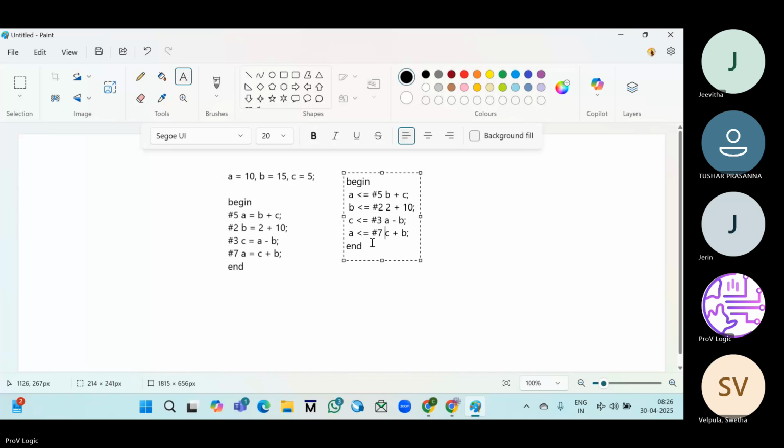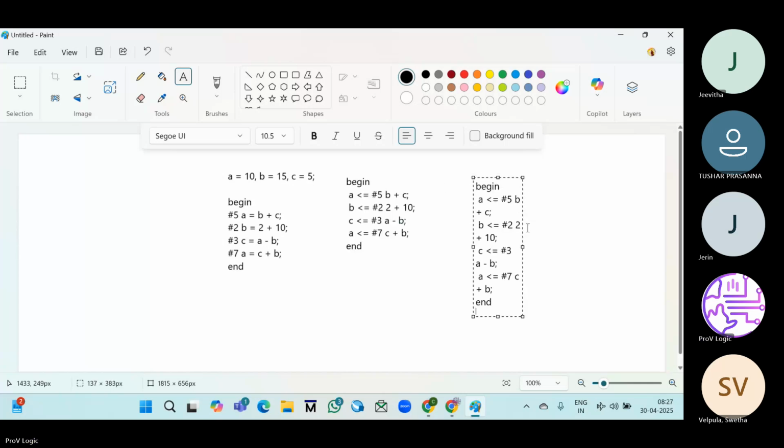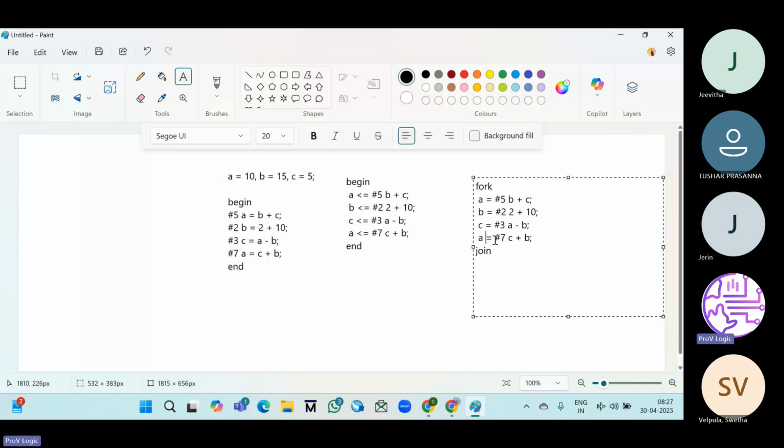For intra-assignment, the RHS side of the expression is evaluated first, and after the specified delay, it is assigned to the LHS side. Whereas for inter-assignment, the delay is first applied, and then the evaluation on the RHS side is done, which is assigned to the LHS side. So it basically is the difference in the delay assignment.